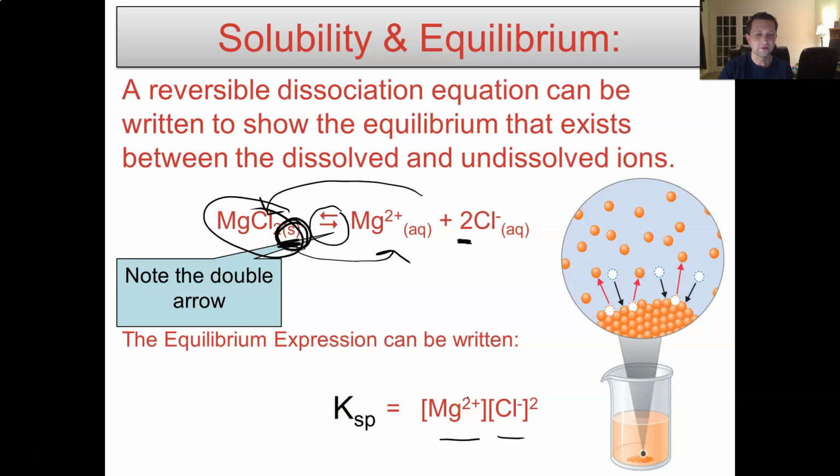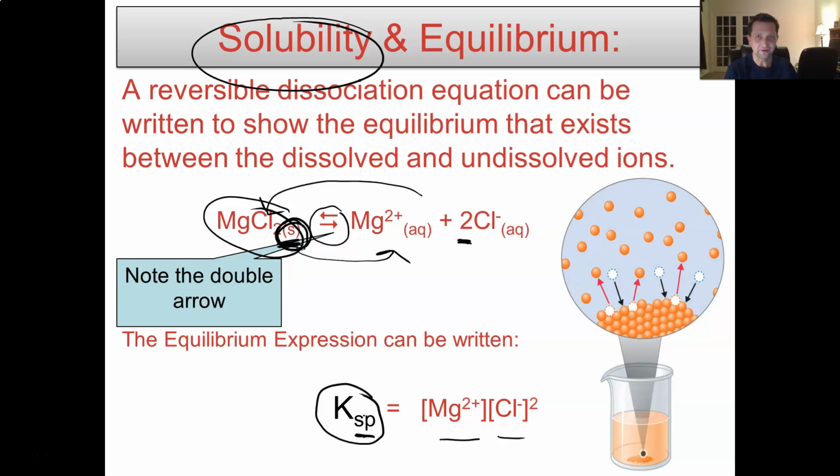So we actually changed KEQ or Kc into something called Ksp. Sp stands for solubility product. So when we're talking about solubility and saturated solutions, we call it Ksp. The more problems you do, the more practice, the more you'll recognize this. Ksp has the same format all the time.